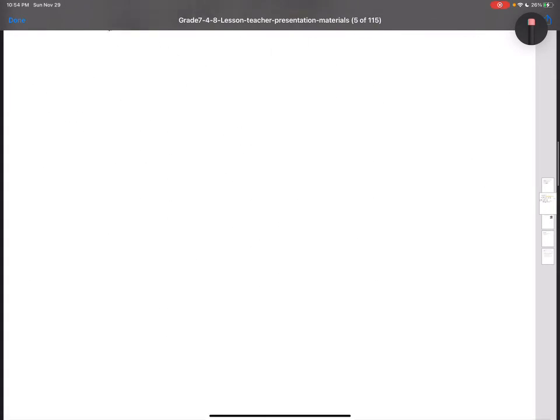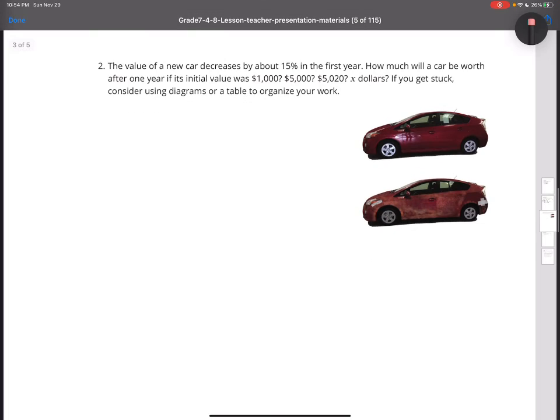So let's move to the next problem, which is not called anything, but it's the value of a car decreases by 15% in the first year. How much would the car be worth after 1 year if its initial value is $1,000, $5,000, $20,000, X dollars? If you get stuck, consider using a tape diagram and so on.